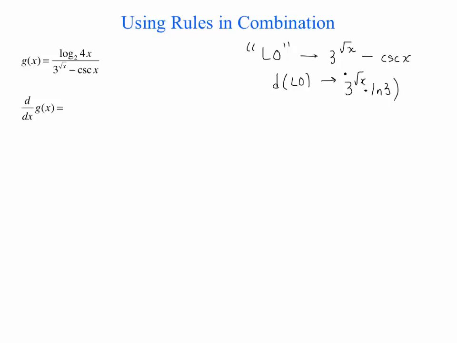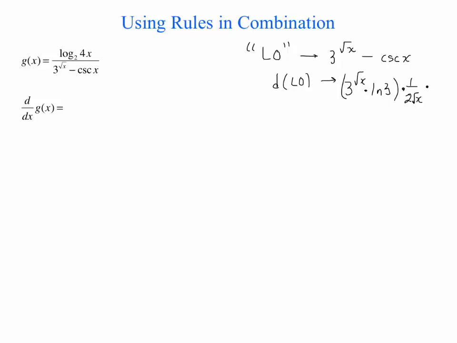So that's the rate of change of the exterior. Then times the rate of change of the interior function. So that right there is the rate of change of 3 to the radical x. Rate of change of exterior with respect to interior times rate of change of interior.